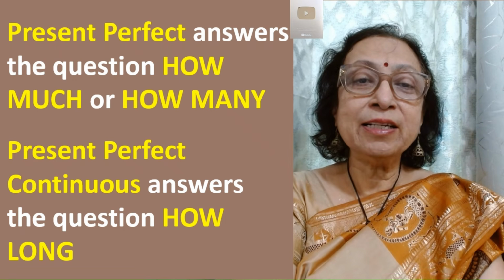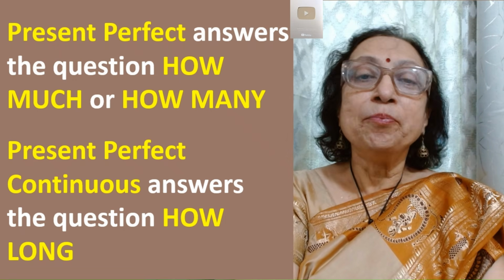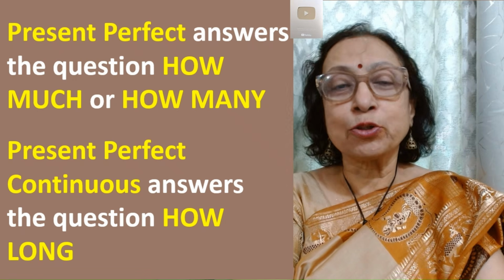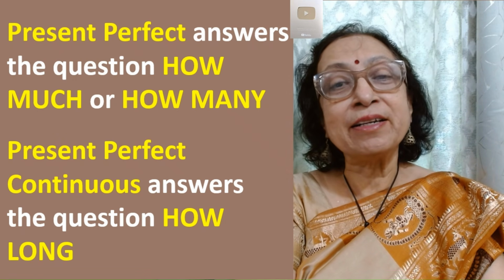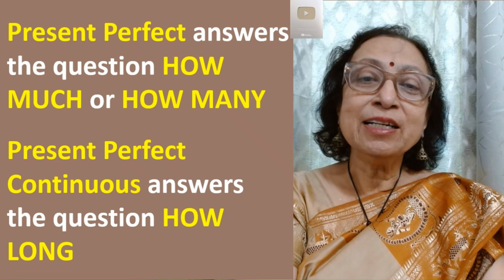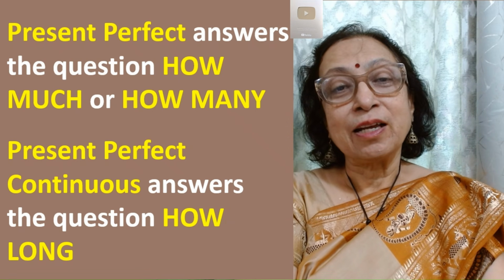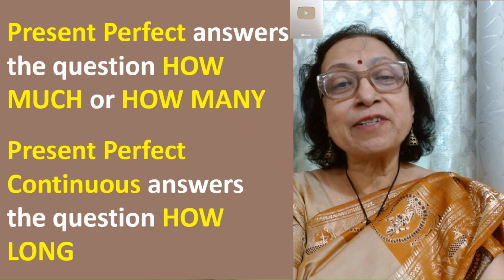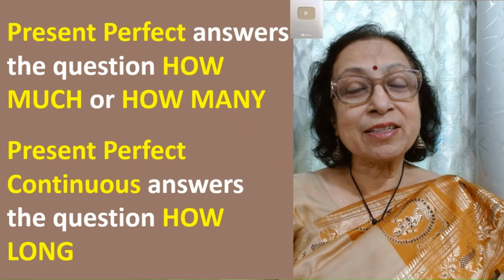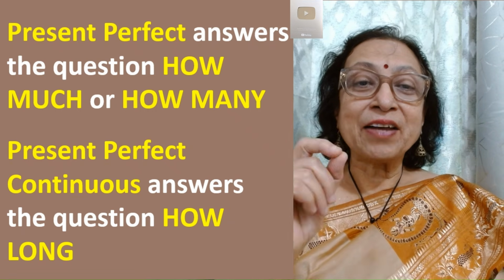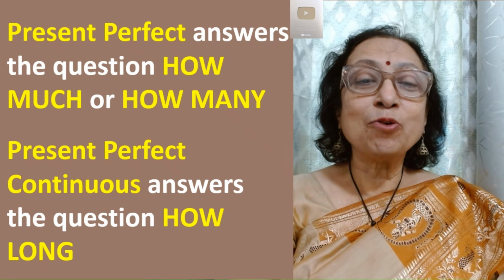The example is, I have sent many reminders to the client. So I have sent many reminders to the client. Here, "I have sent" is the perfect tense because the sending is already complete and the question answers how many.